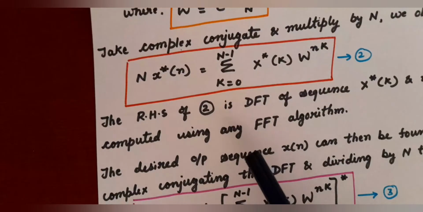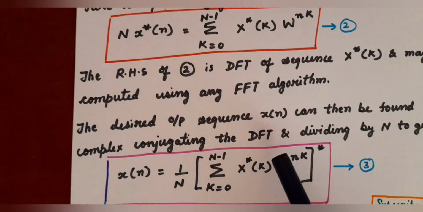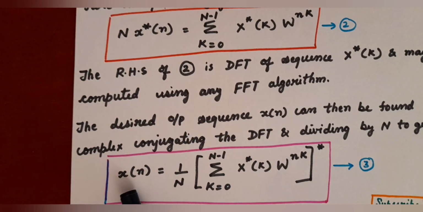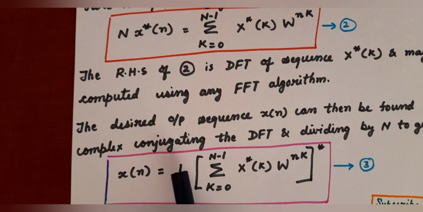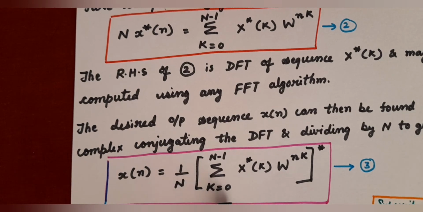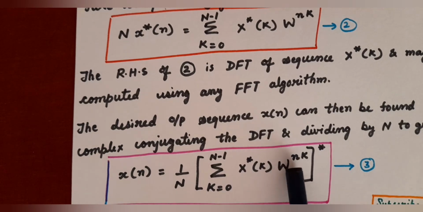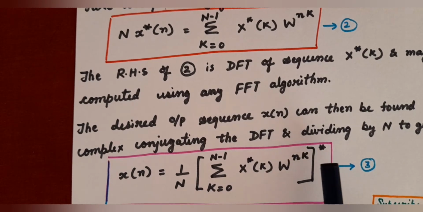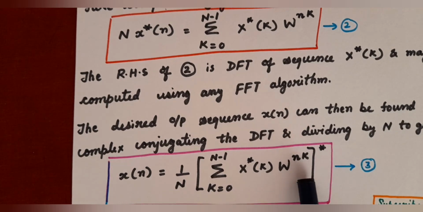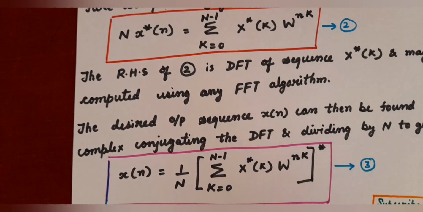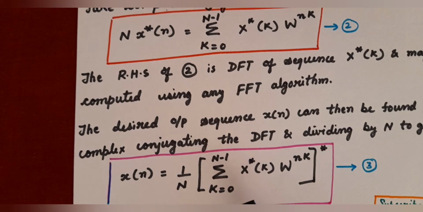You have conjugated on both the sides and got the equation x of n is equal to 1 by capital N summation k is equal to 0 to N minus 1 X star of k W to the power of nk, the whole star, where star indicates complex conjugate. So, this method is used in DIT and DIF algorithms.